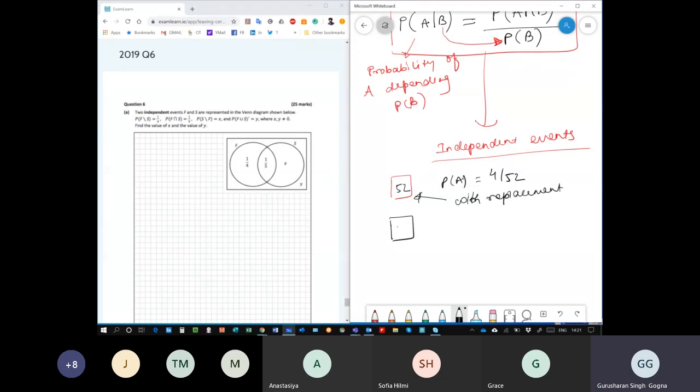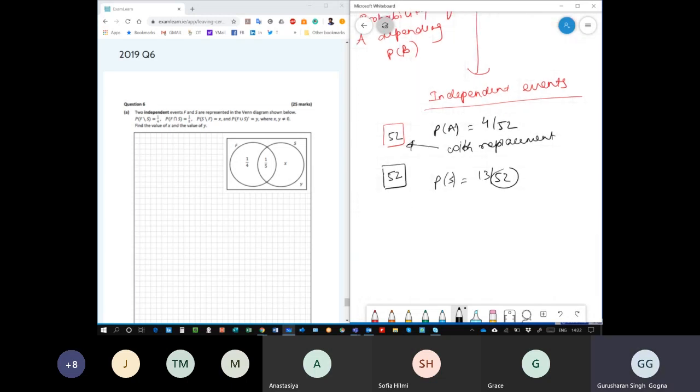Which means that you still have 52 cards now and you are finding the probability of, let's say, whatever event, doesn't matter. Let's say I want to find out the probability of spade. So you will say 13/52. So the total number of cards is the same, and the occurrence of this event is not depending on the first event because you are keeping that card back into the pack of cards.